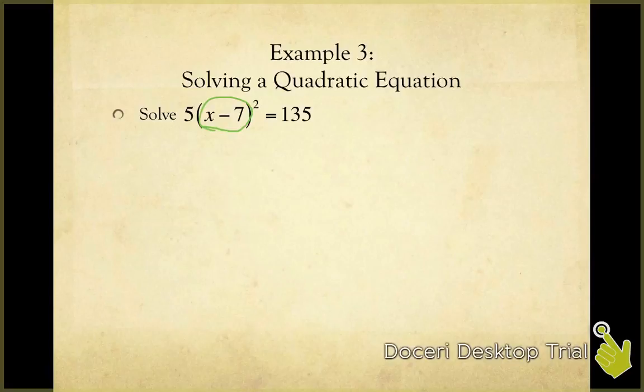But the process is still pretty much the same. We're still trying to get to the point where we can isolate this quantity, take the square root of both sides, and then finish getting x all by itself, doing whatever operation is necessary.